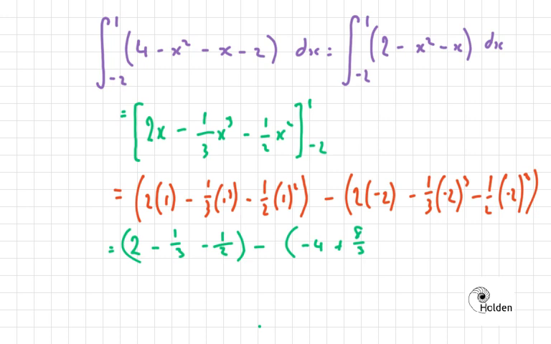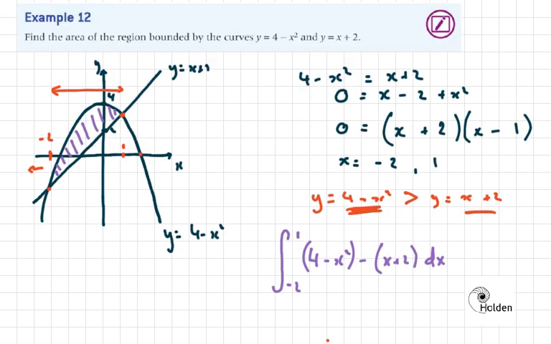And minus 2 squared is 4, 4 divided by 2 is 2, so we've got minus 2. Last little bit: go through each little step and add it all up. It comes to a lovely value of 9/2. Double check by typing this into your GDC. You can do the bounded area, and we should get a value of 4.5.